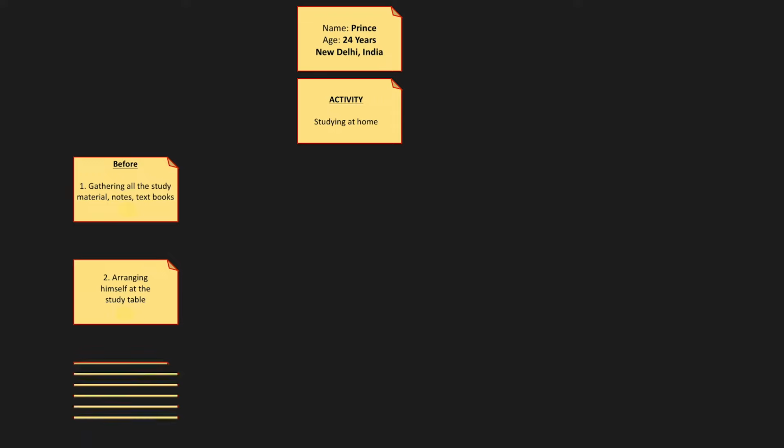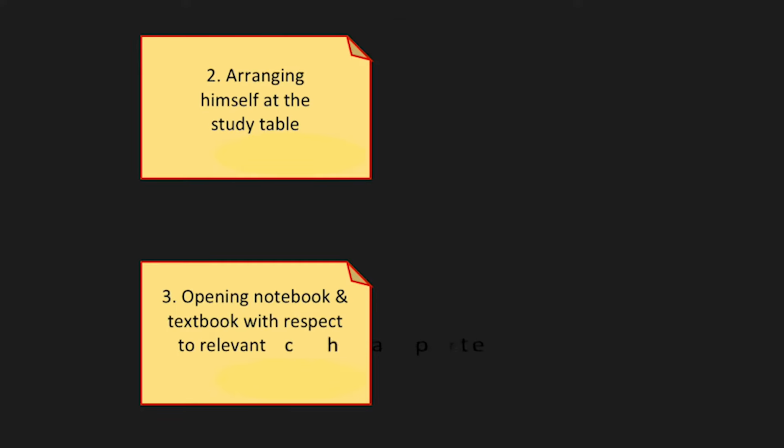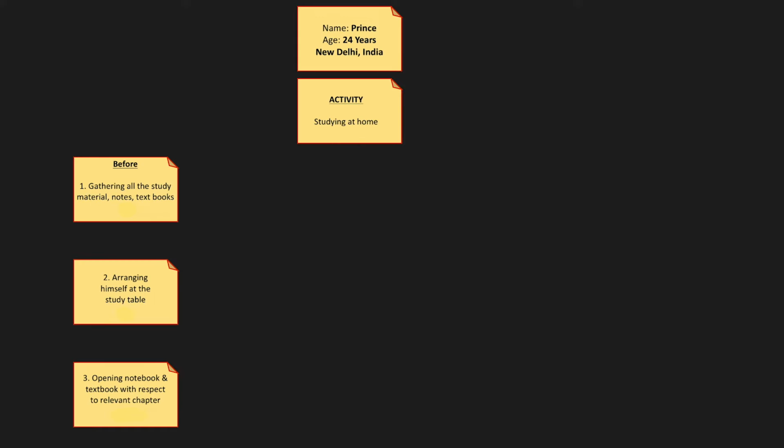Then he would be going to the specific relevant chapter or topic, so he's opening his notes and textbooks with respect to the relevant chapter. I think these would be the basic activities preceding the study activity. Anything else? No, these are the basic things. Then we can move on.